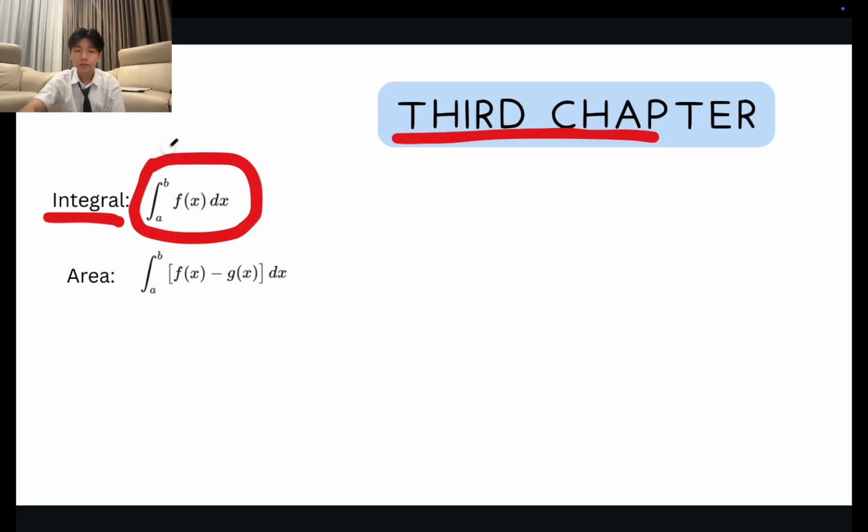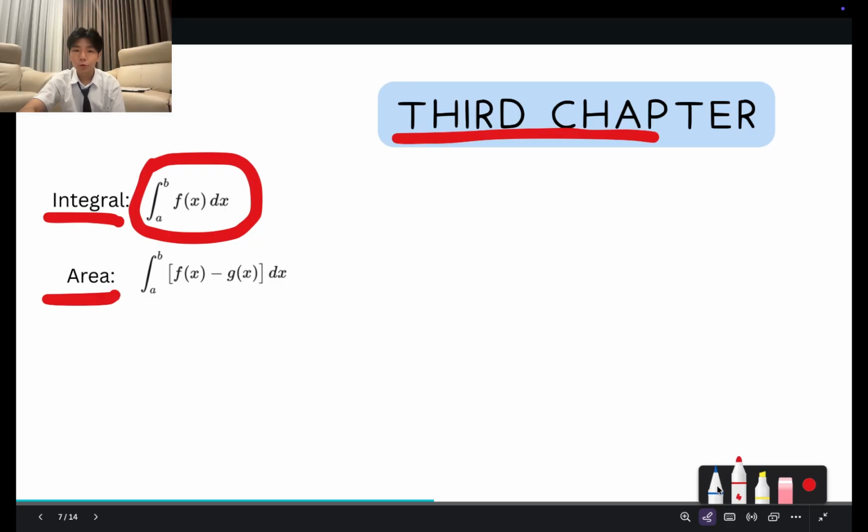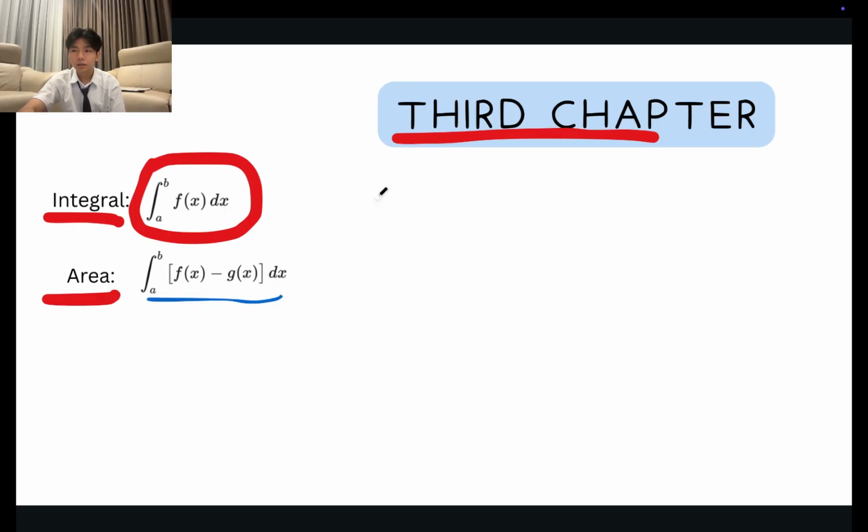And then the second formula is the area formula between two graphs, which is this formula. To find the area between two graphs, we subtract the lower function from the upper function, then we integrate. There are two conditions.